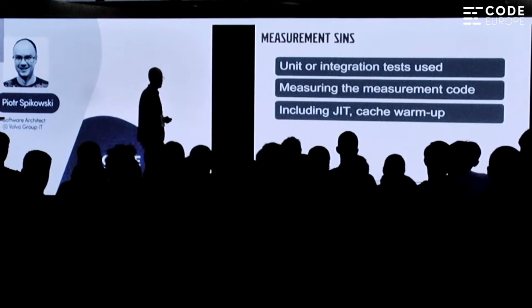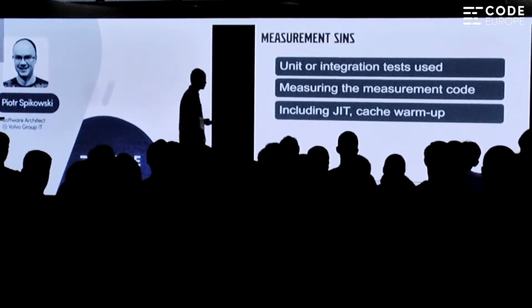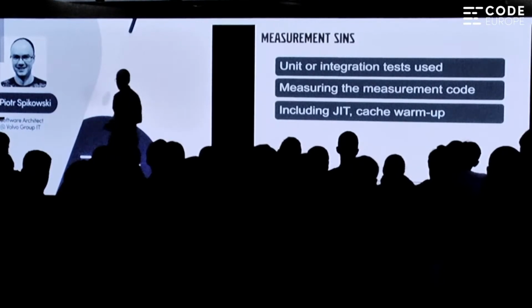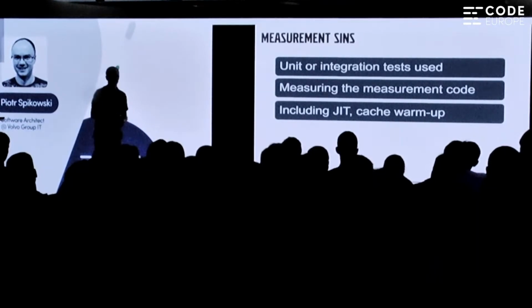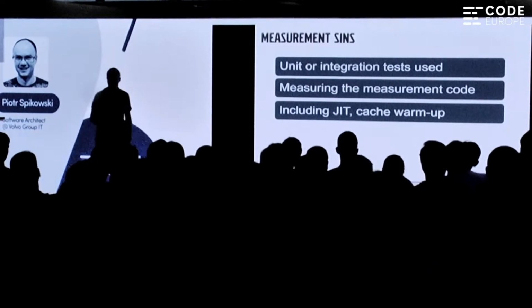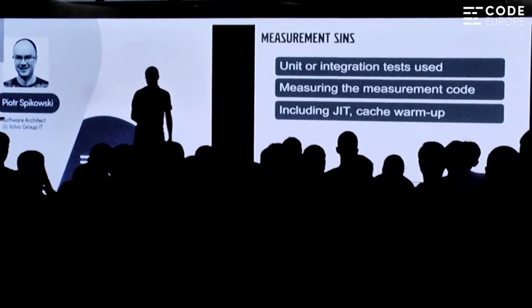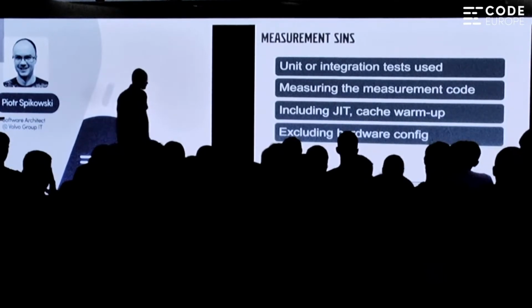So what I'm trying to say is that it's not that easy to even correctly measure things. We may, for example, include just-in-time compilation in the measurement. We may include some cache warm-ups if you have some statics which are initialized once at the application startup or at some specific point. But those should probably be excluded from the measurements.